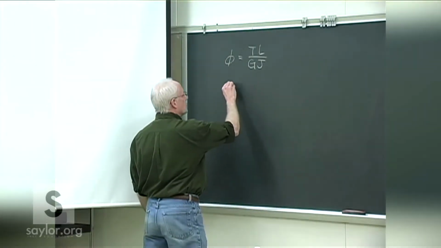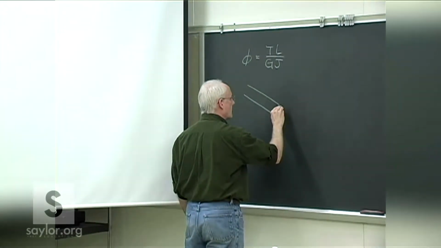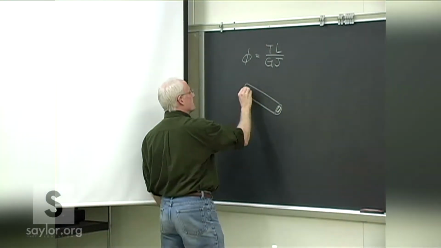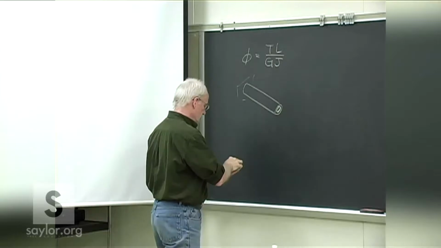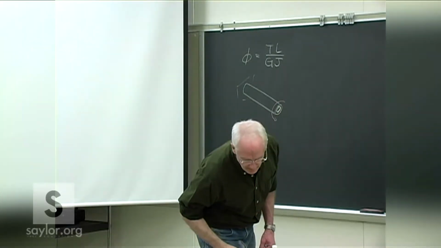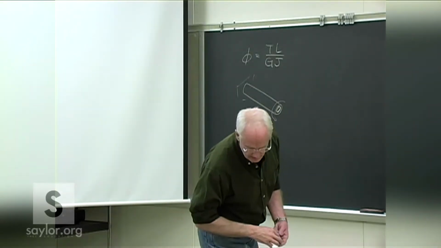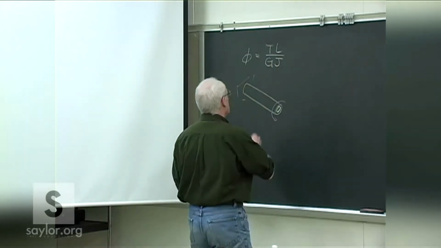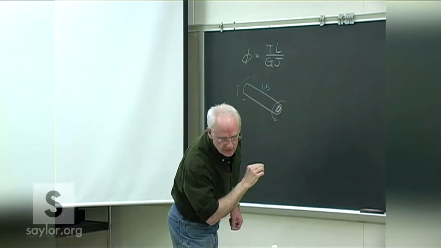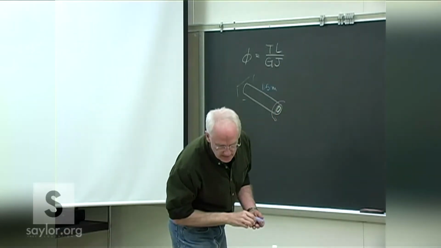All right, another quick one for you. So now we have some tubular piece with a load. Actually determine the maximum torque allowable for an angle of twist of no more than 2 degrees.